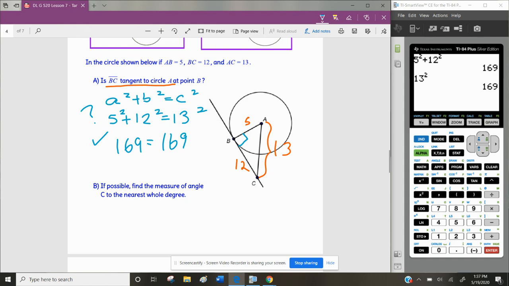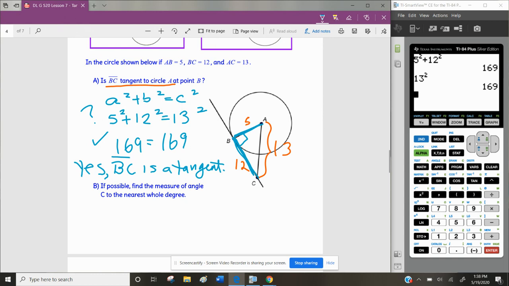So yes, BC is a tangent, because we have shown that there must be a right angle here, and this must be a right triangle. Yes, BC is a tangent, because that's the relationship. This radius AB and this tangent BC have to form a right angle if it's a tangent and this is a radius.